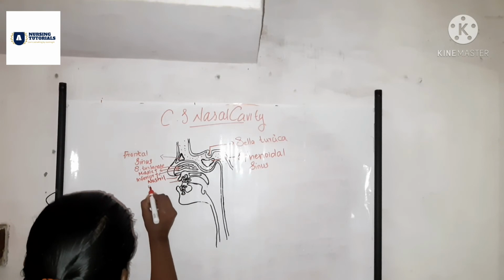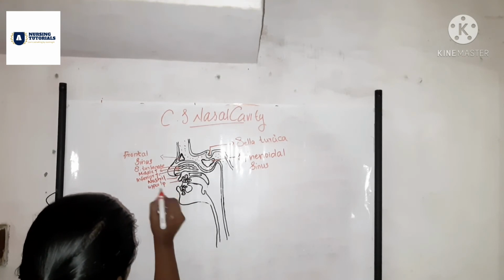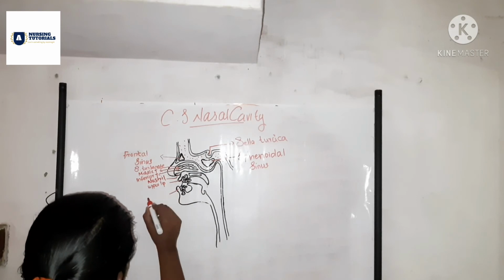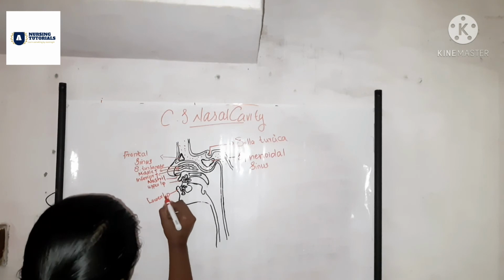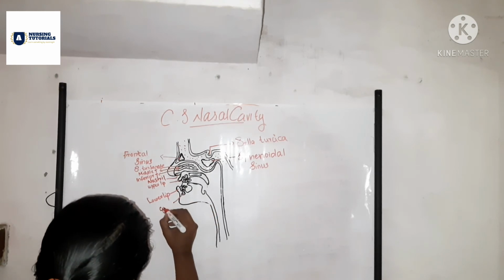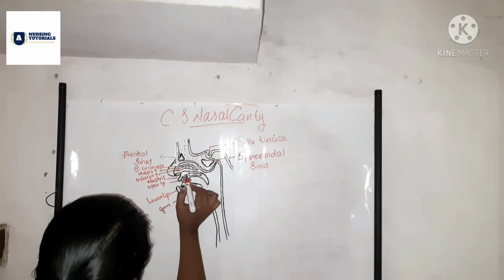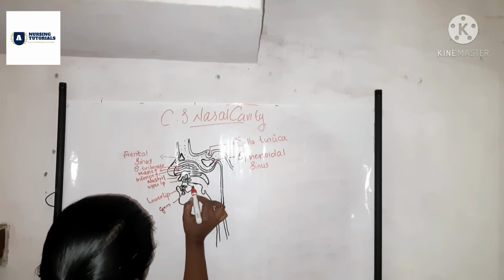This is the upper lip, and this is the lower lip. This is the gum. This is the tongue.